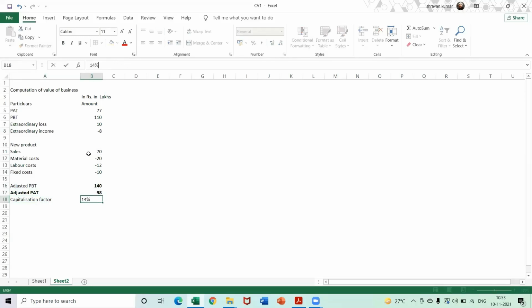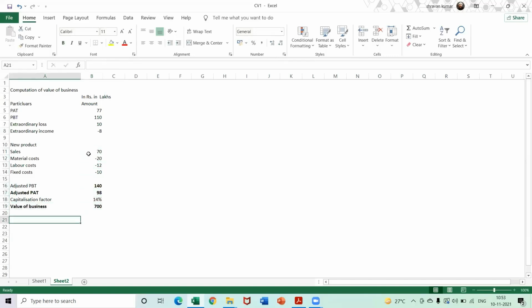This is equal to 14%. So what is the value of this? It is equal to adjusted PAT by the capitalization factor. So value of business is 700 crores.